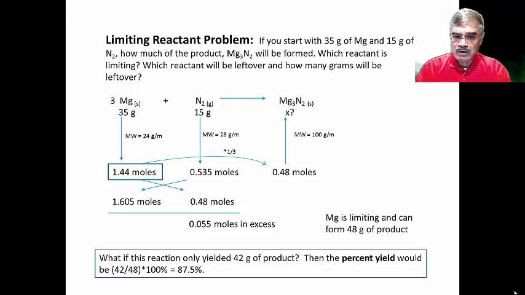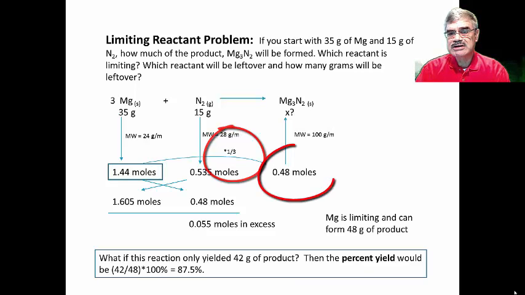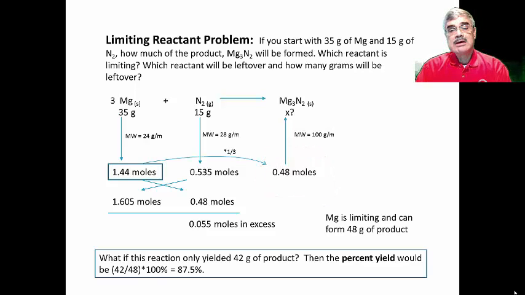So here you have to multiply the 1.44 by the ratio of 1:3, 1 product per every 3 reactants, to get the number of moles of the product that you could form, which is 0.48 moles. Okay? Now, if you're asked for the amount, how much magnesium nitride, you then multiply by the molar mass, which is the convenient number 100 grams per mole in this case, to get the mass, which would be 48 grams. You'd form 48 grams of product.